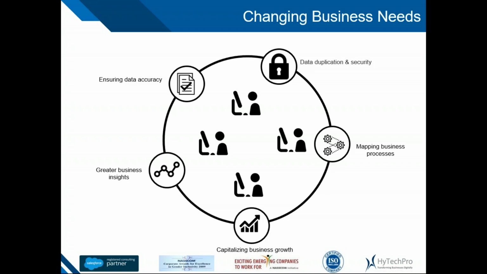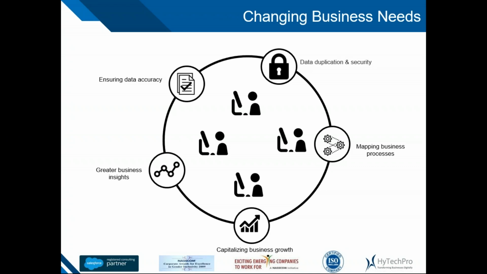that the system is not responding maybe to your business needs because they have changed. So most of the data that it is holding is either inaccurate or it is duplicate. There are certain security features or new data rules that have come that the system is not able to take care of.